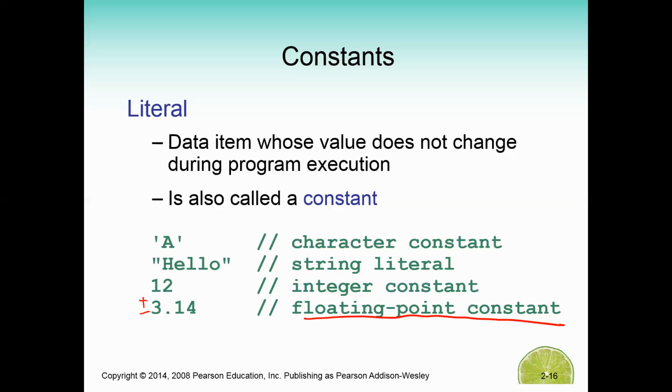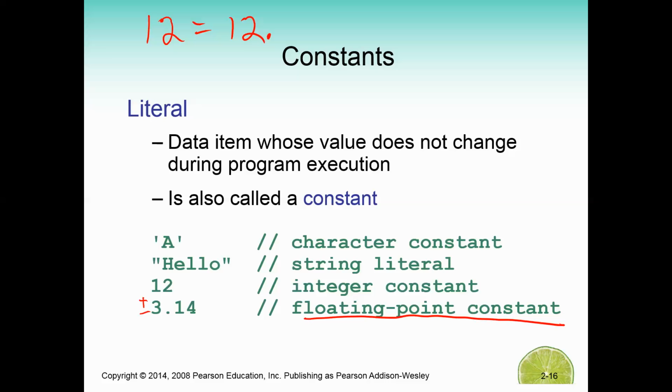Then we can also represent whole numbers, which we call integer constants. It's going to be just the digits, not the decimal point. If you tell me 12 is the same as 12 dot, that is incorrect. And we're going to see that because when we are representing whole numbers, we can represent them in one area of memory, and the floating point numbers are going to be represented using another area of memory.